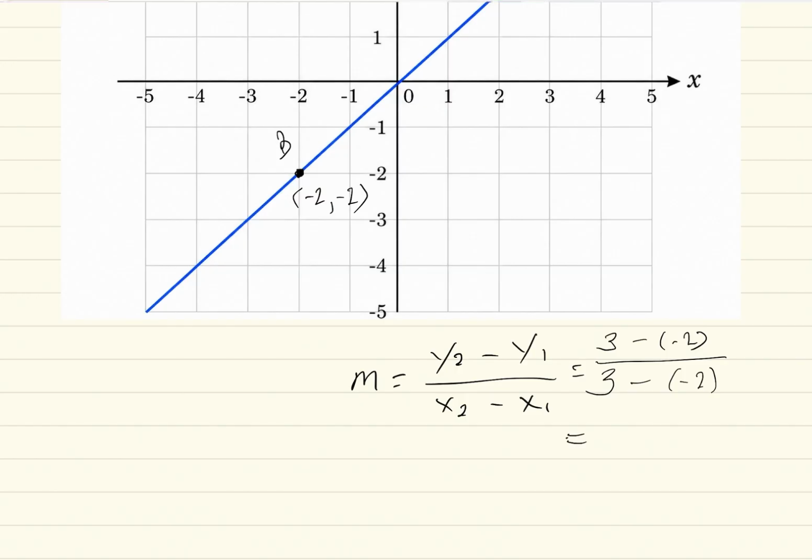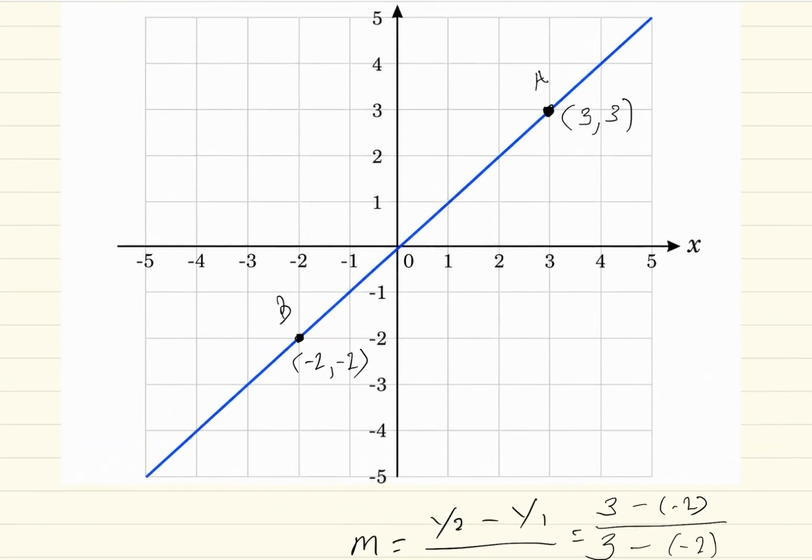So our answer is going to be 3 minus -2, that's just 3 plus 2, that's 5. And then 3 minus -2 again is just 5, which is 1. So our slope for this line is 1.